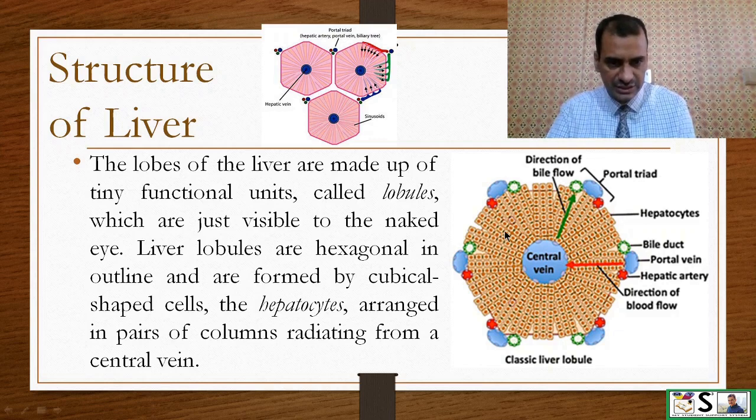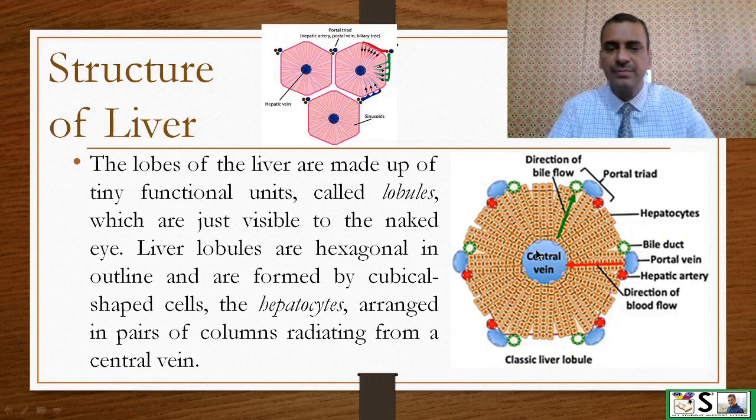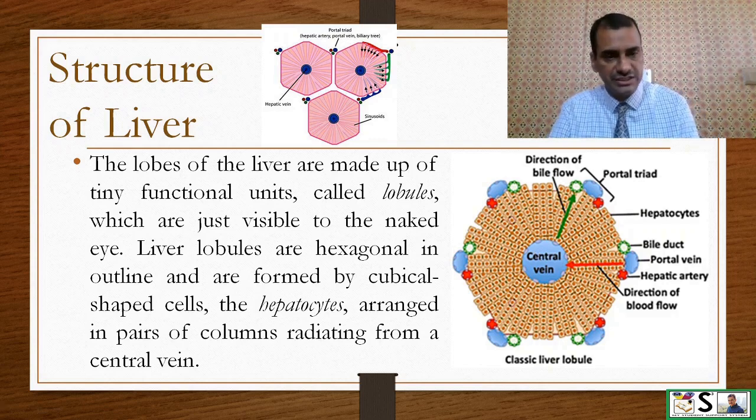Here you can see these are the cubical shaped cells known as hepatocytes arranged in pairs of columns. Radiating from the central vein, there is a central vein here and they radiate outwards. These are the hepatocytes. So this is one lobule, and they are arranged like this, and finally the liver is formed.